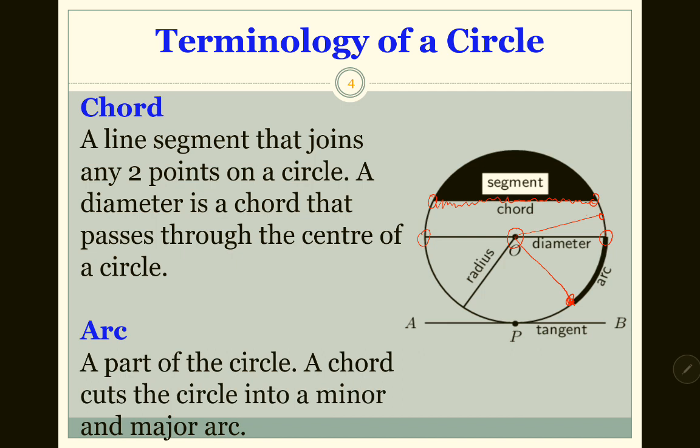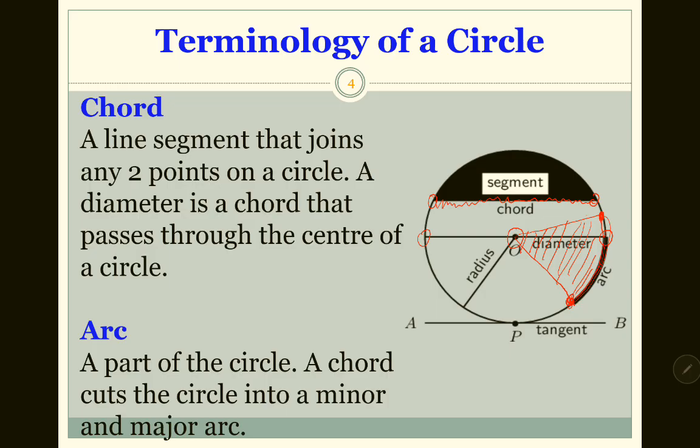You can see from what I've done, it's like I'm taking a slice of a pizza. So the arc will be the outside part, the crust of a pizza. The outside part, not the inside, not all the goody stuff inside there.